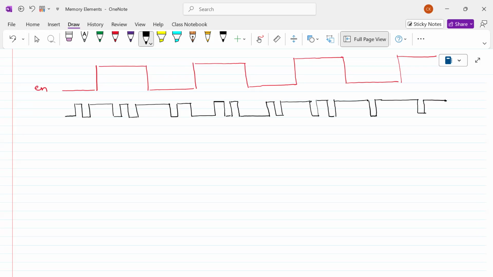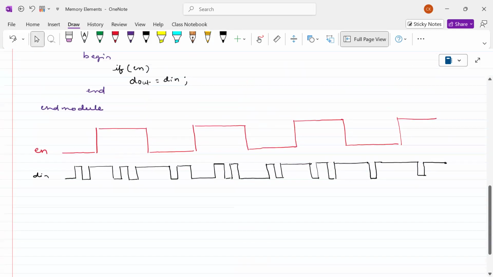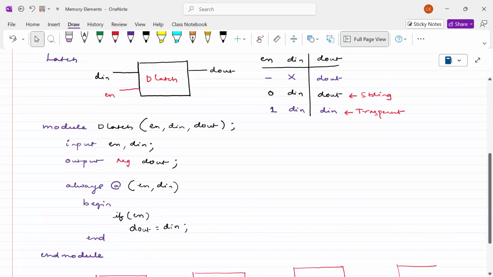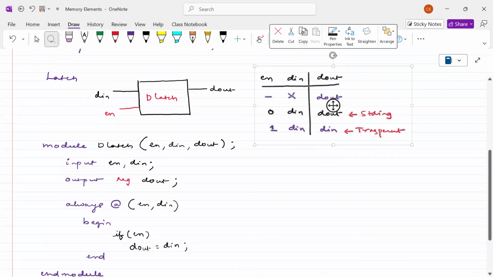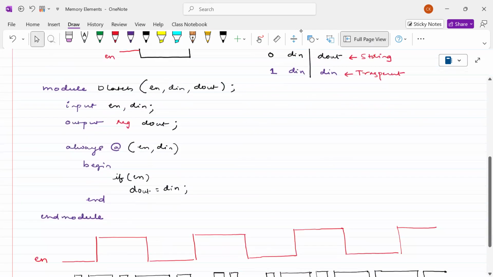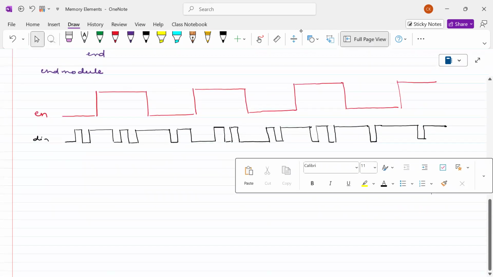So assume that this is the DIN signal. Now please let me know what is the output of this, if this is the logic that we have written. According to this, let me know what is the output.